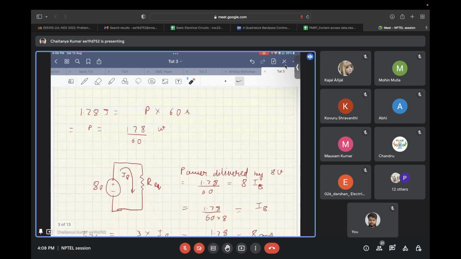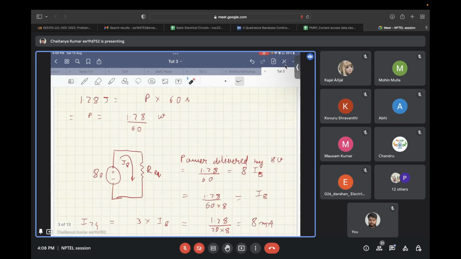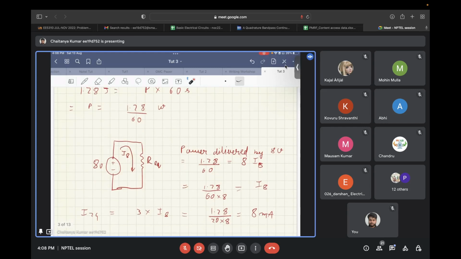From here, you can find the current that will flow in this case. The power is again V into I. Let's call this current I8 when the 8-volt voltage source is applied to it. So power is V into I, and the current comes out to be power divided by the voltage.